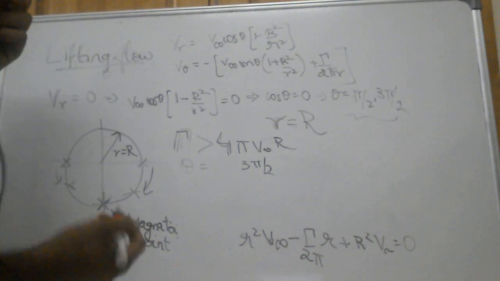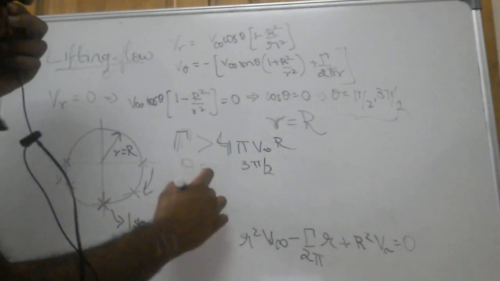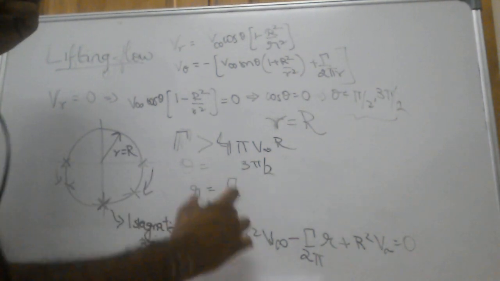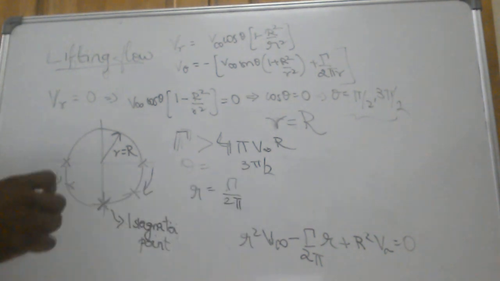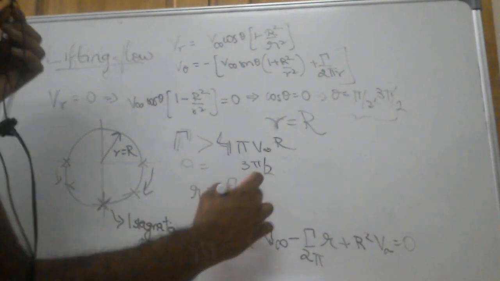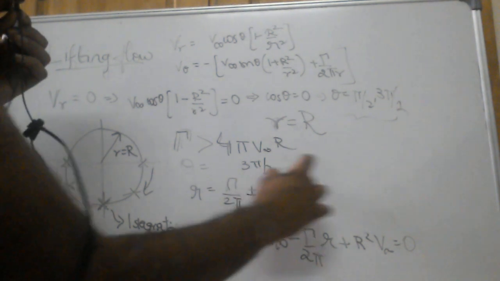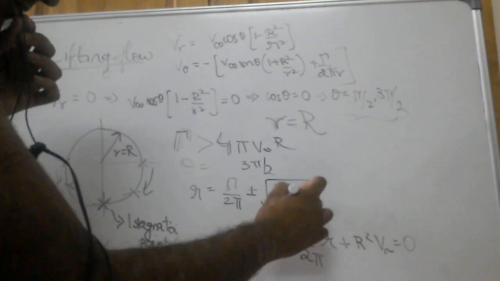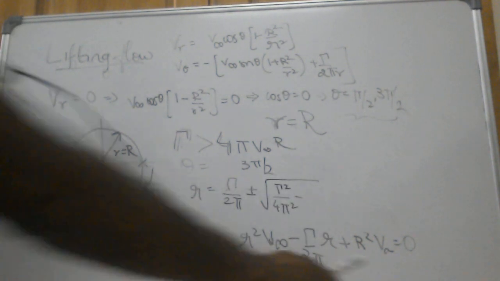So now if I solve for r from here, the solution to a quadratic is minus b plus or minus root of b squared minus 4ac by 2a. So I'm just going to use that straight away, and that would give me gamma by 2 pi, minus b plus or minus root of gamma squared by 4 pi squared minus 4ac.